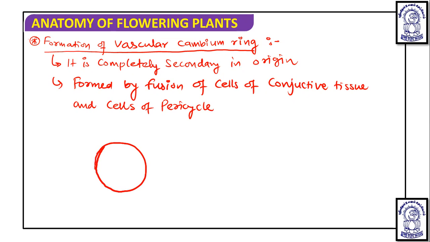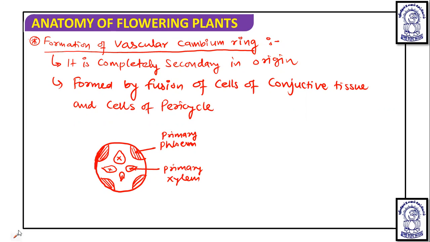If we see the vascular bundle in the case of the root, you will see such an arrangement that is radial, and in the radial arrangement you will see here this phloem, and here you will see the presence of xylem. So this is the primary phloem, and this is primary xylem.